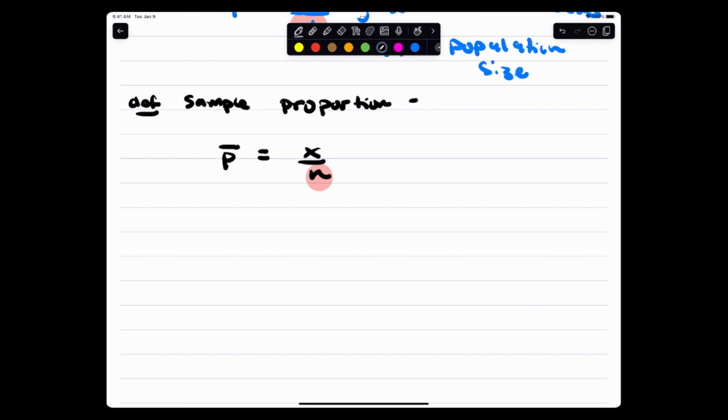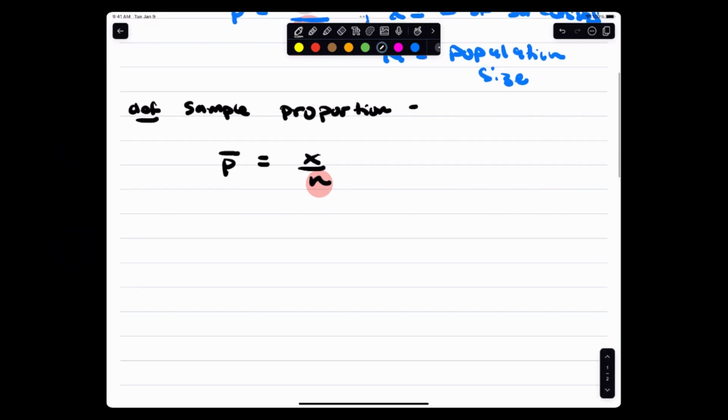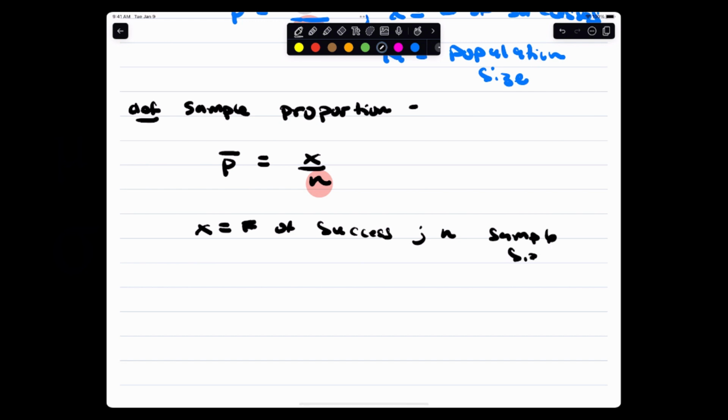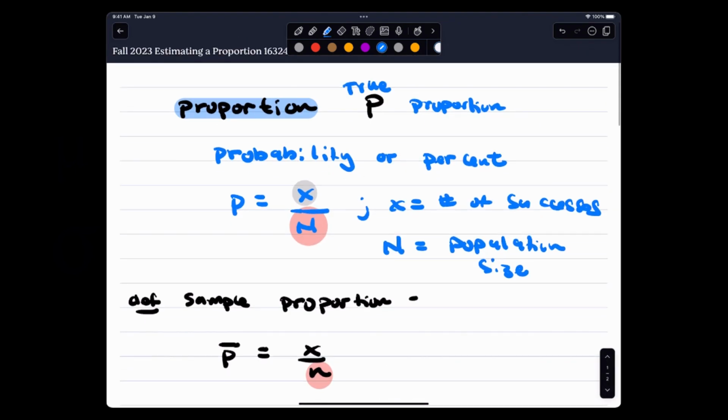X still counts successes here. So X will be the number of successes, and n is the sample size. So that's kind of what we're doing here.